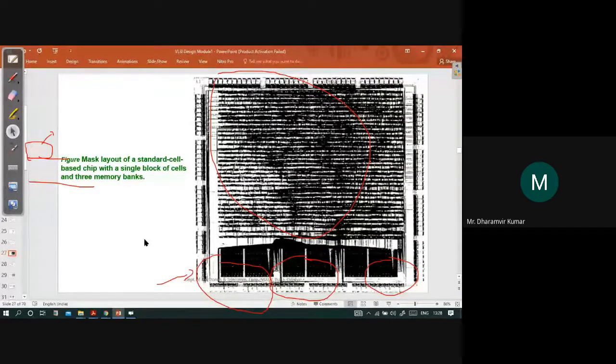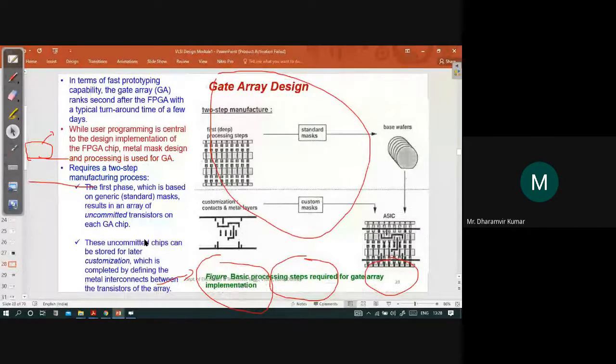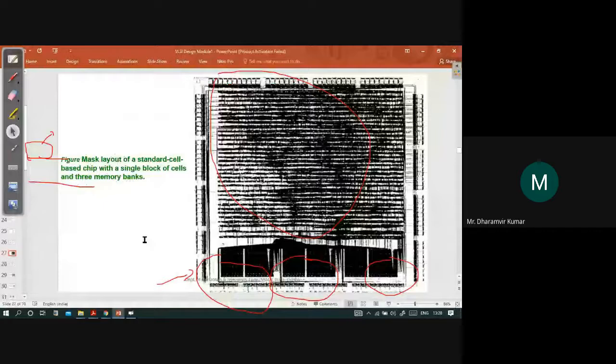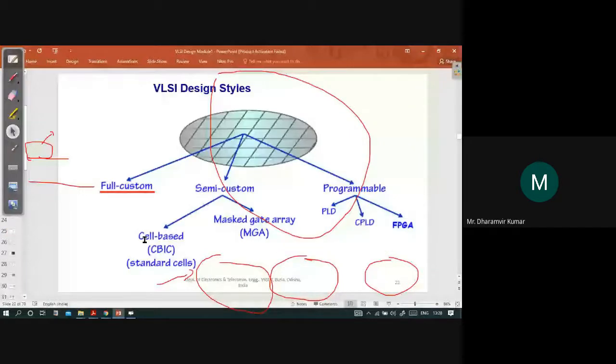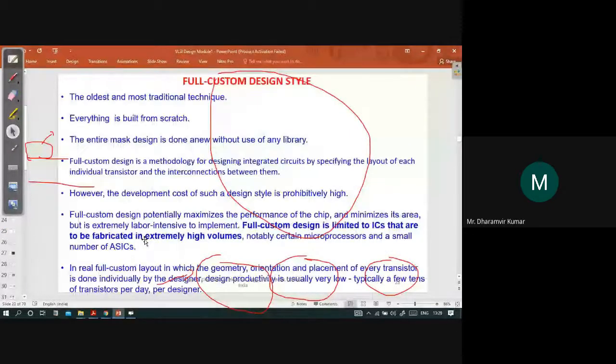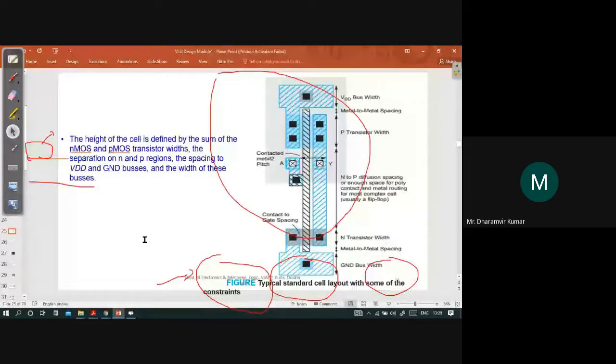And next is about gate array design. This thing we will see in the next class. So I'm stopping here, and I urge you to read about this full custom design style and standard cell based design style, and try to understand what is going on here.